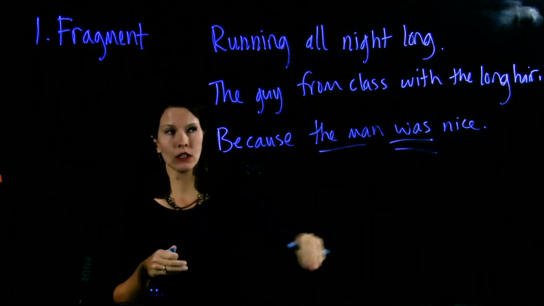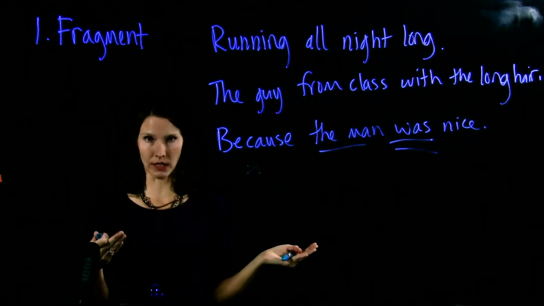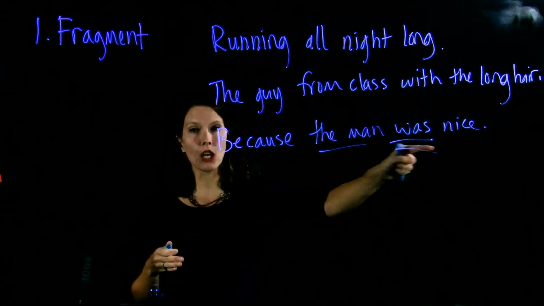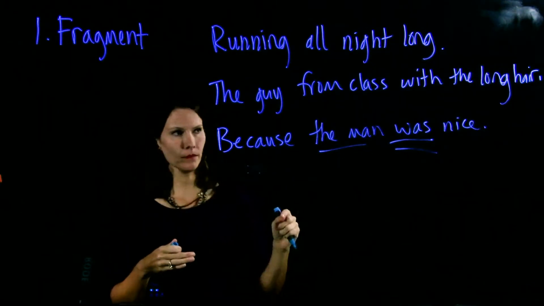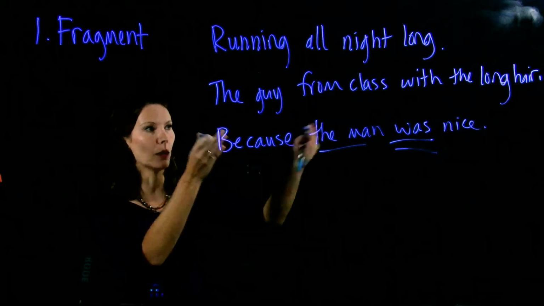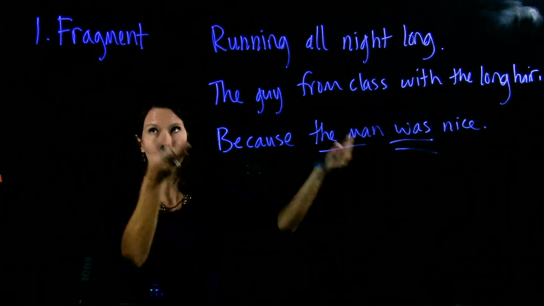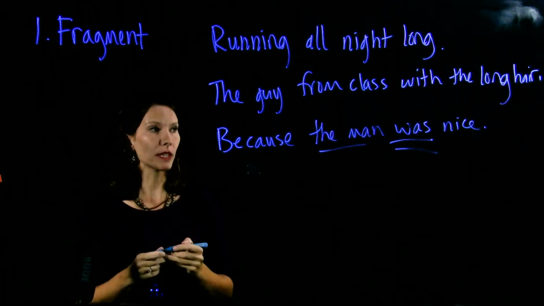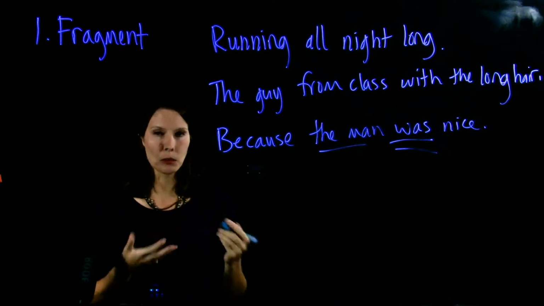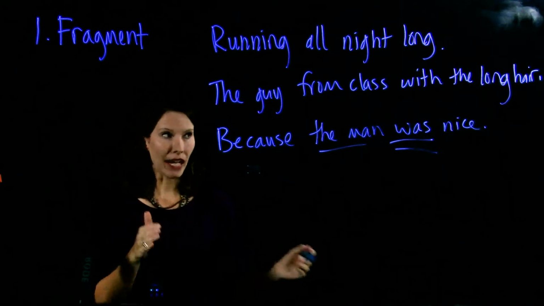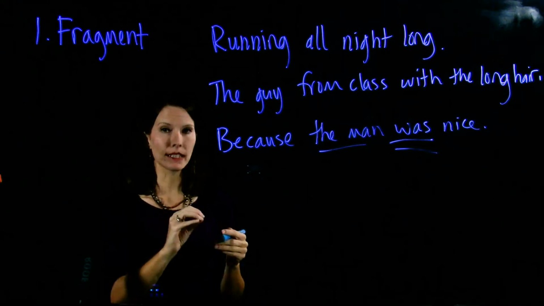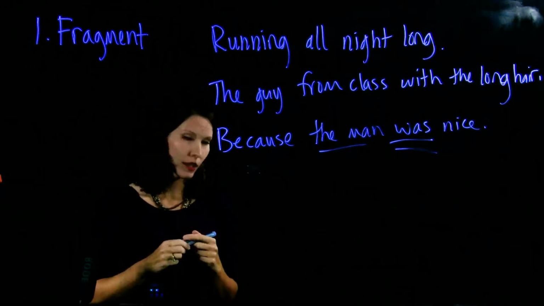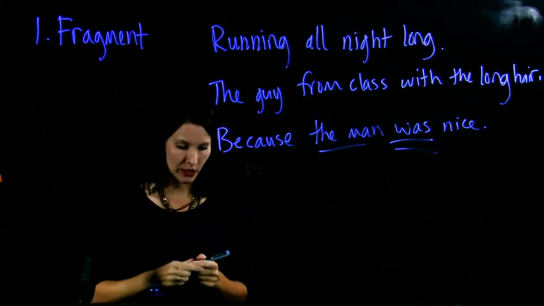You're left wondering, what happened because the man was nice? What was the result of that? It's not a complete thought. Therefore, this is also a sentence fragment. The way you would create a complete sentence and correct the sentence error is you would finish the thought. So maybe you would say, because the man was nice, he helped me with my groceries. By adding that independent clause, that makes it a complete thought, so it's no longer a fragment. So the first sentence error that we're talking about here is a fragment.